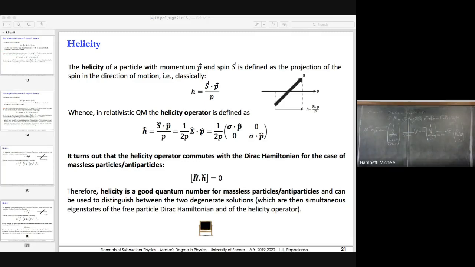Now let's apply the helicity operator on this eigenstate, this vector. So this is 1 over 2p, with sigma scalar p, 0, 0, sigma scalar p. This is the operator that we find in the slide that I showed before, and that is acting on U1.